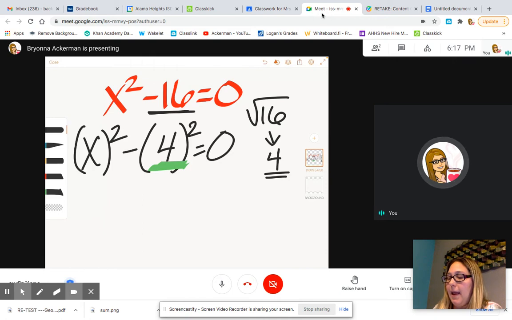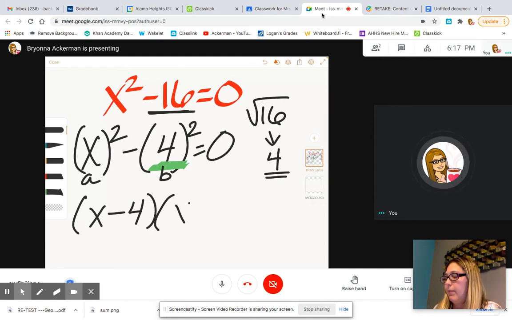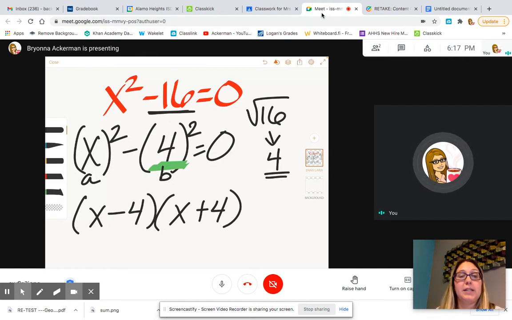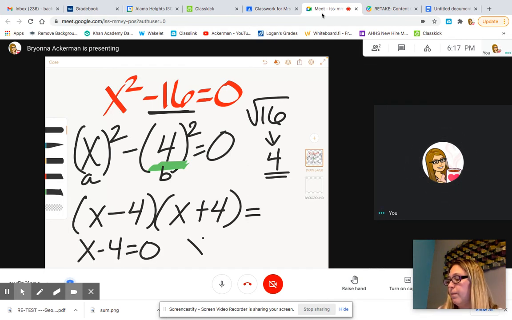I have my A and I have my B. So now my factors are x minus 4 and x plus 4. Then you would set each of those equal to 0 and solve, which is what we're doing later this week.